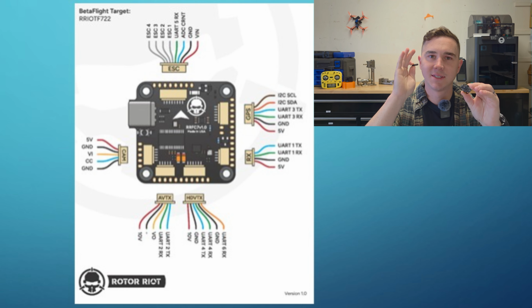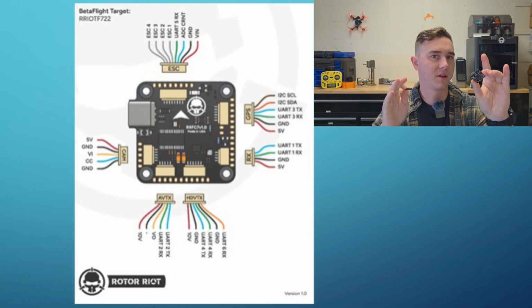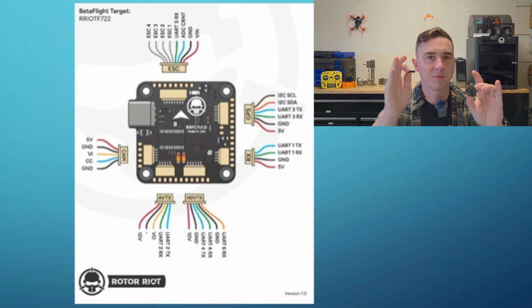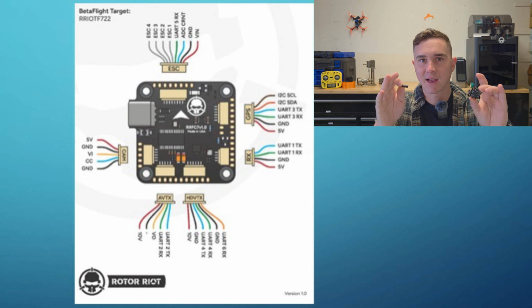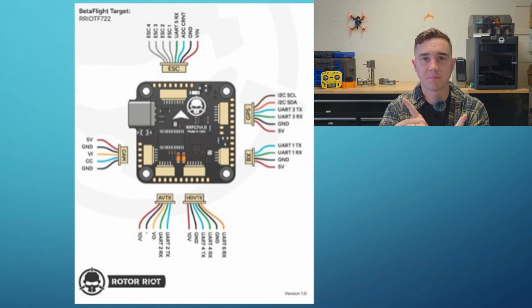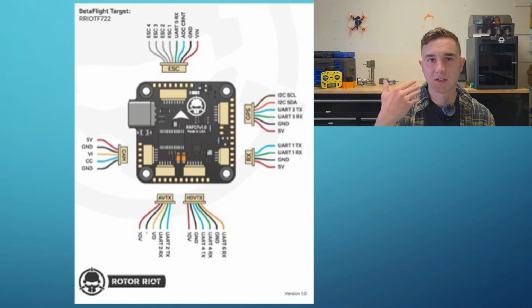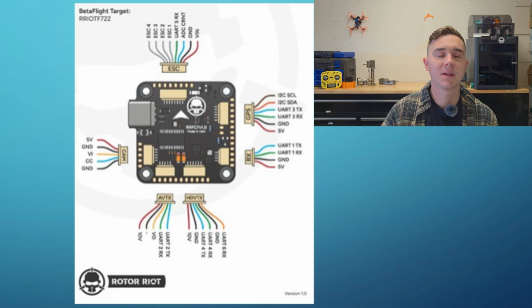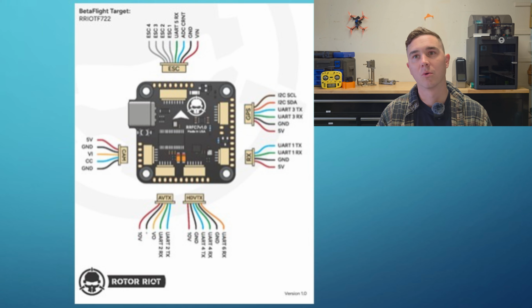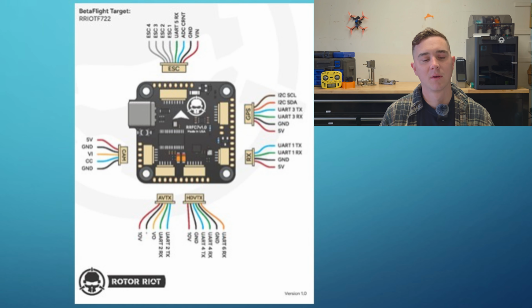TX from the radio receiver goes to RX on the flight controller, and RX from the radio receiver goes to TX on the flight controller. They're swapped. Think of it like I am sending something from the radio receiver and it has to be received, or I'm receiving something that has to be transmitted. They just swap.